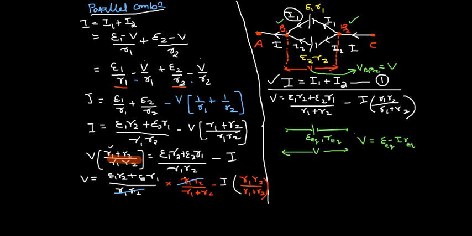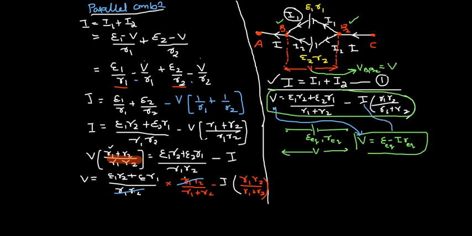Now this equation is very important. Keenly observe this equation. You can observe one similarity: on the LHS we have V, here also we have V. It is also the coefficient of current here.